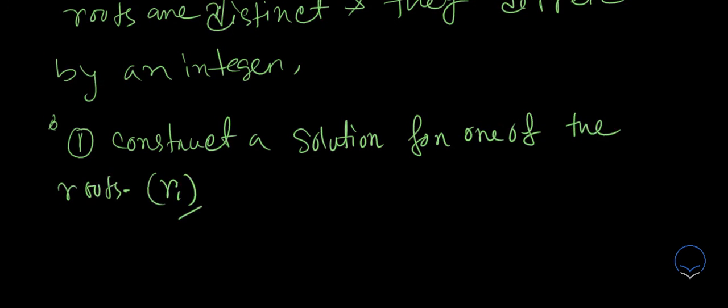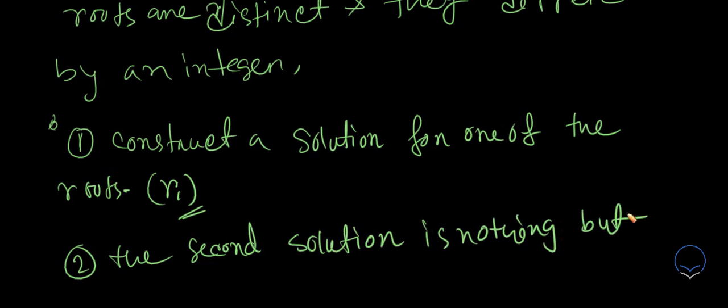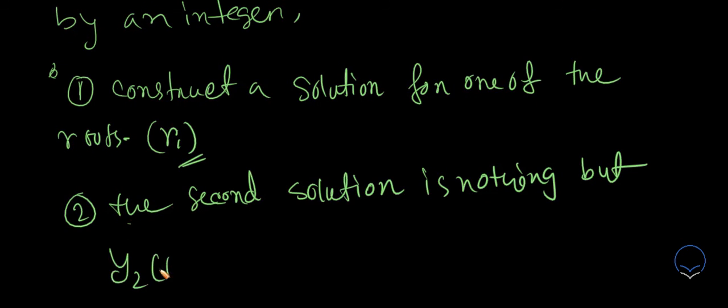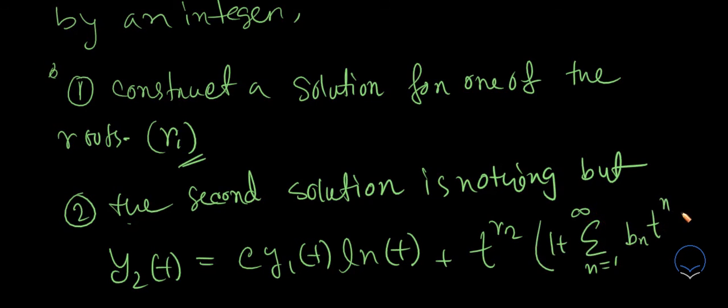Let's say you are taking this r1, and then the second solution is nothing but y2 of t equals c y1 of t times ln of t, plus t to the power r2, then there is 1 plus sum over n equals 1 to infinity b of n t to the power n.